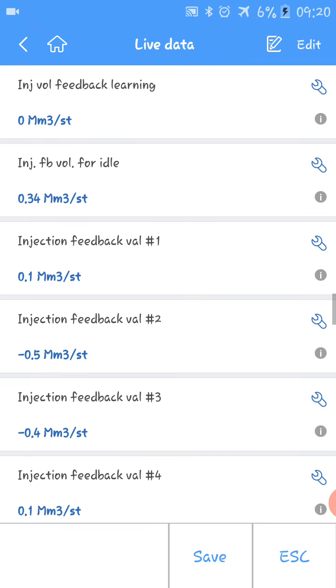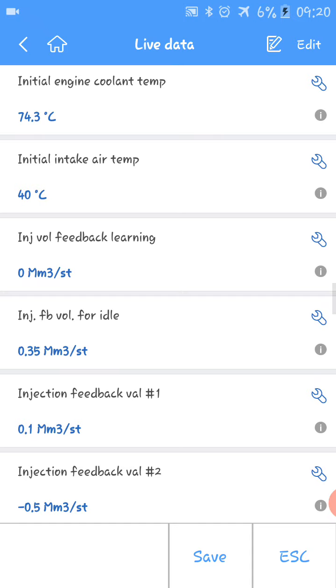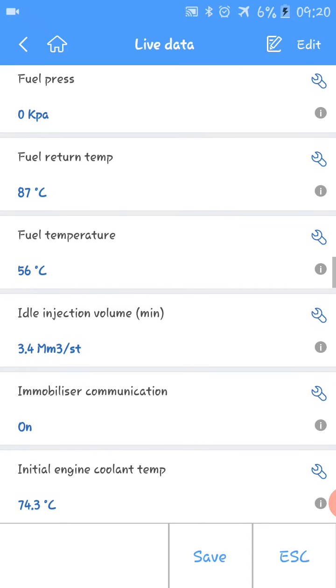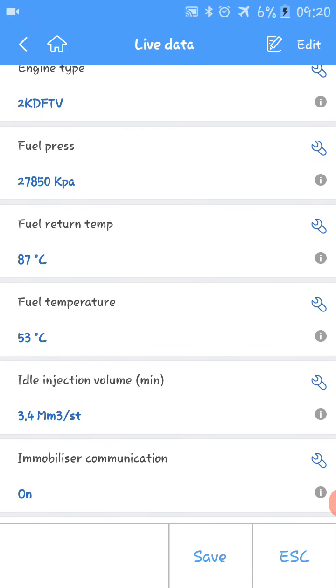Let me show you something here. Let's see how much fuel pressure is coming into the engine, into the rail. So the fuel pressure is 29.3, 29,300 kPa. This is the pressure in the fuel rail, which is okay.